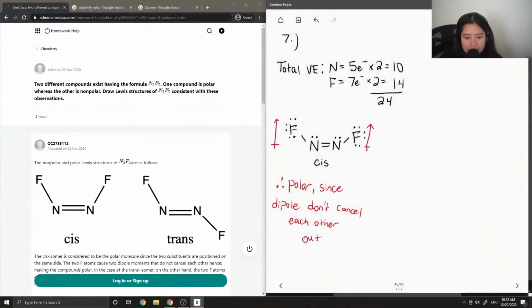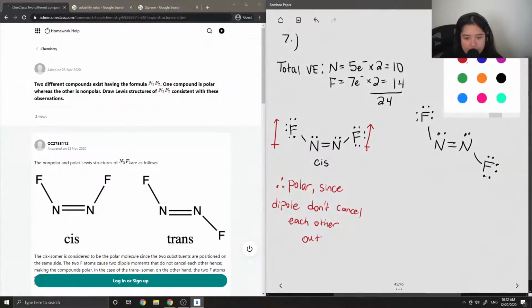But if I were to draw the trans configuration of this molecule, this means that each of the fluorine groups are on opposite sides of the double bond. So let me just show one up there and one down here.